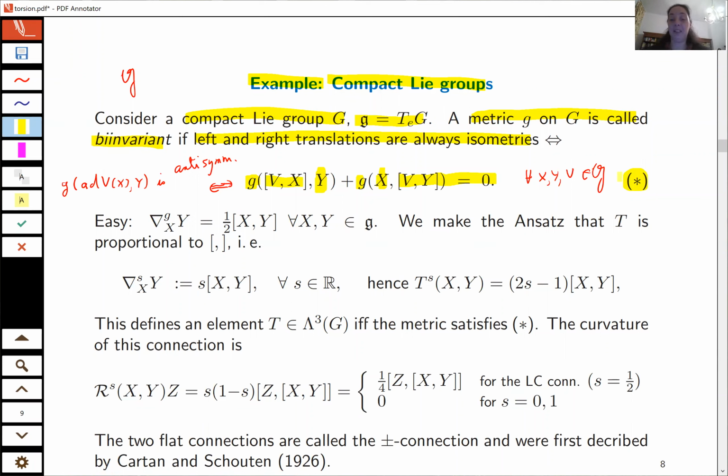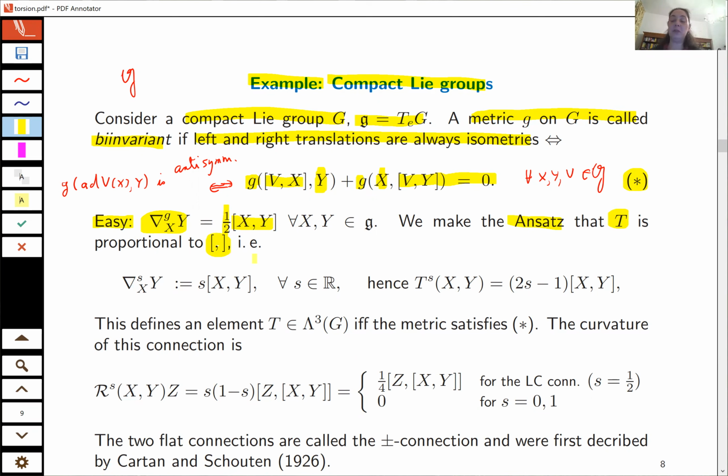And then it's easy to prove that the Levi-Civita connection is given by 1/2 the bracket for any vector fields. Now let's make the ansatz that the torsion is proportional to the commutator.